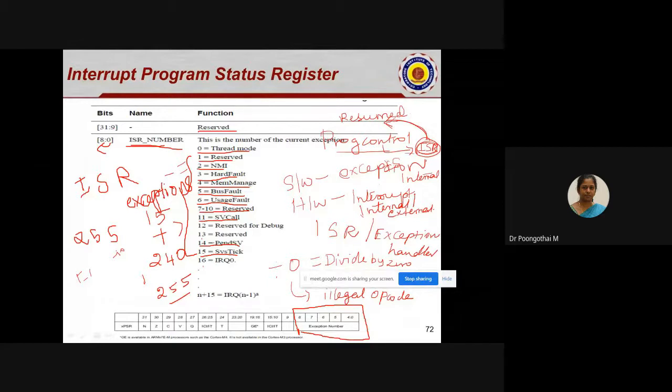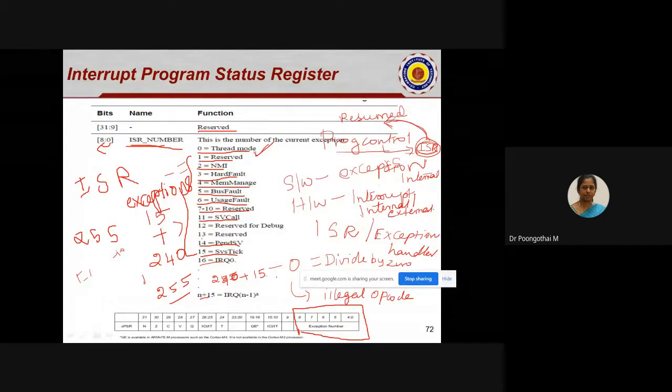Look at this number: from IRQ 0 to N plus 15, we have 240 hardware interrupts plus 15 exceptions, totally 255. This 0 is the thread mode and is not utilized for interrupt purposes.